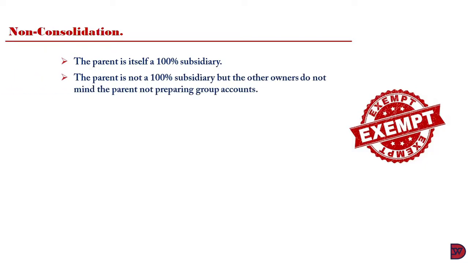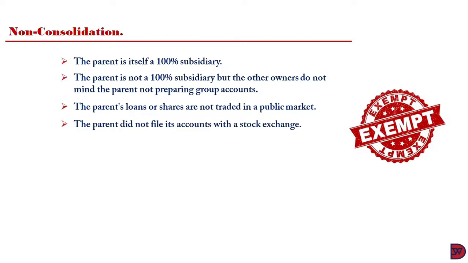Secondly, the parent is not a 100% subsidiary, but the other owners do not mind the parent not preparing group accounts or consolidated accounts. Thirdly, the parent's loans or shares are not traded in a public market. The next point is that the parent did not file its accounts with a stock exchange in order to issue shares. Then, the ultimate parent of the parent already produces group accounts.